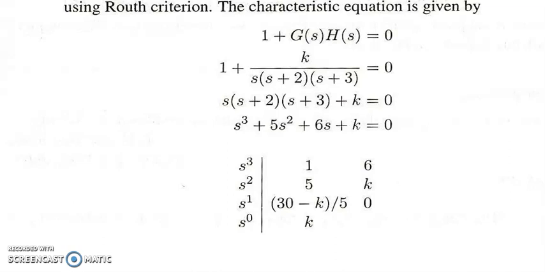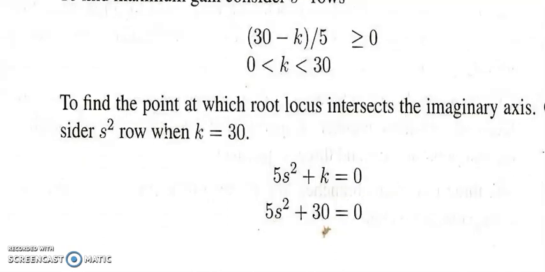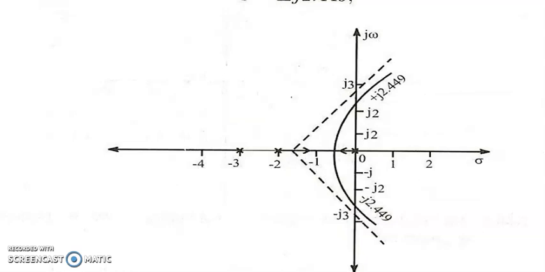Now for this system to be stable, k should be greater than 0 and 30 minus k should be greater than 0, which means the range of k for stability comes out to be 0 less than k less than 30. To find the point at which the root locus intersects the imaginary axis, put k equal to 30, so 5s square plus k is equal to 0, or 5s square plus 30 is equal to 0.